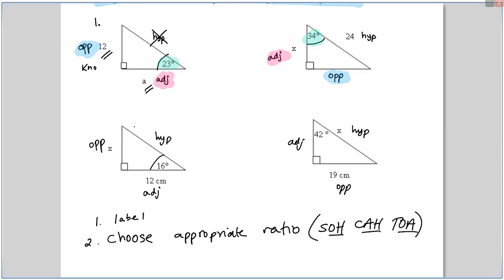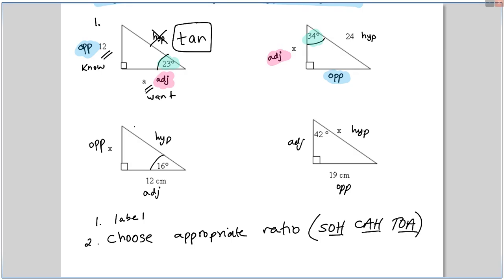I know 12 and I want A. And I know nothing about hyp. Which one doesn't do hyp? Yeah, so for this one, I'd use tan. Because the formula for tan would set up a cross multiplication question where 12 would be the numerator and A would be the denominator, and then I could cross multiply.